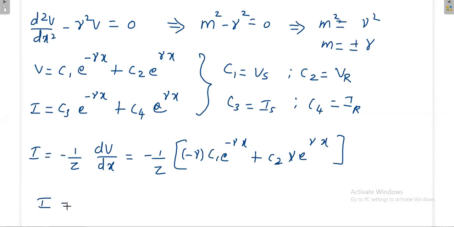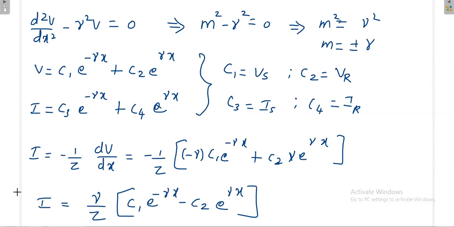Then finally I is equal to gamma divided by Z, with the minus taken inside, this becomes plus and this becomes minus: C1 e power minus gamma x minus C2 e power plus gamma x.